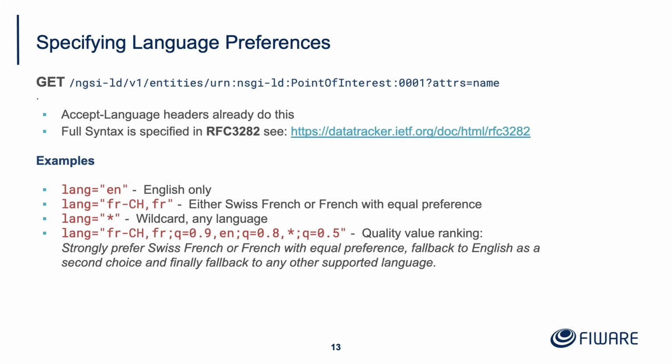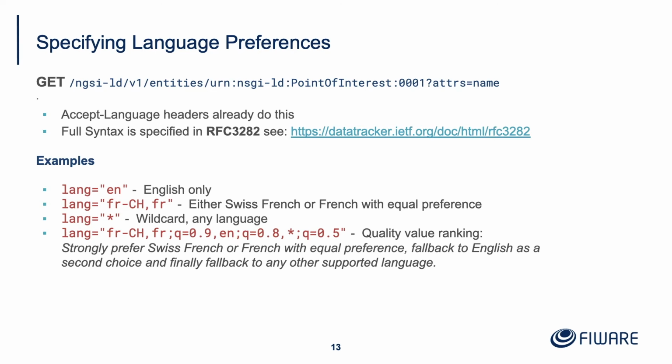Now, according to RFC 3282, if none of your preferred languages are supported, it should return 406, not acceptable. However, that is generally ignored by literally everybody because it's annoying to say, yes, I haven't got anything. And most websites will default to giving you something, which is the star parameter.